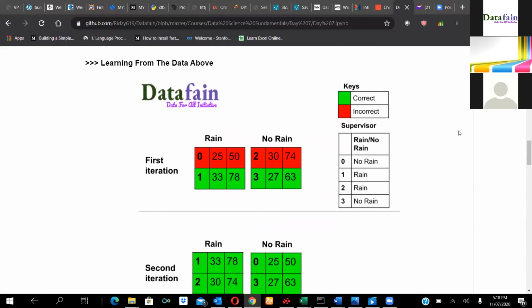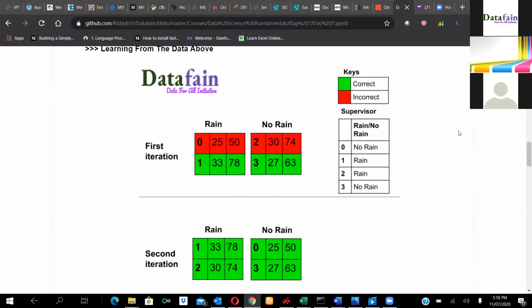Now, we were able to split this data into two different iterations, and we had our observation. For the first iteration, we decided to split into rain or no rain.